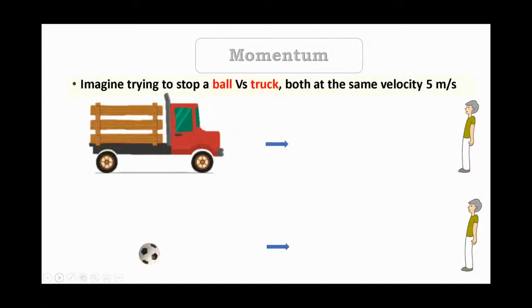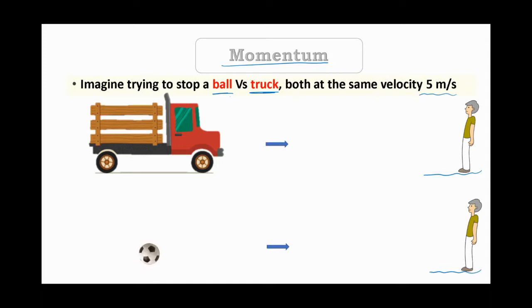Okay, the momentum. What is the momentum and why do we need momentum? Let's look at this picture. We have a truck and we have a ball. Both of them will move at the same speed, let's say 5 meters per second. And there are two nice guys here, waiting for something.